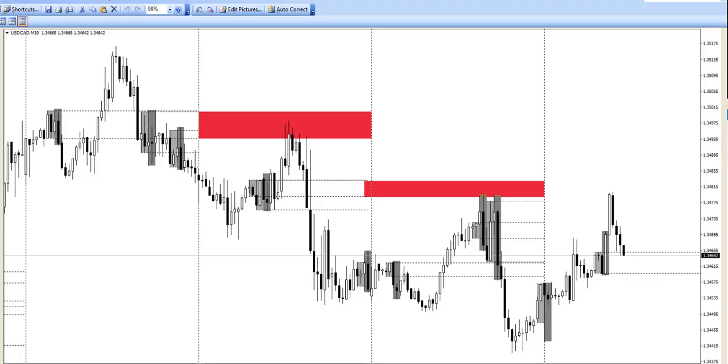Okay, so this is just an example of US CAD, and what you'll see here is the 1 hour price engine, and of course you need your daily price engine in place in order to understand the lower time frame. So this is just an example of where price is doing that around the lower time frame price engines.